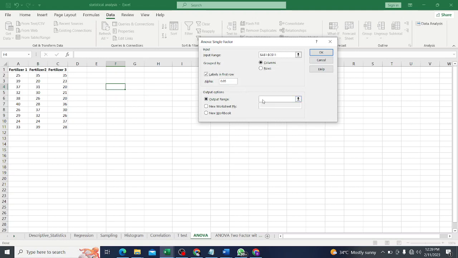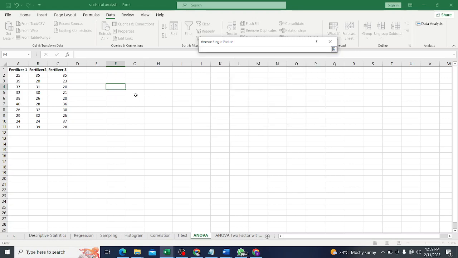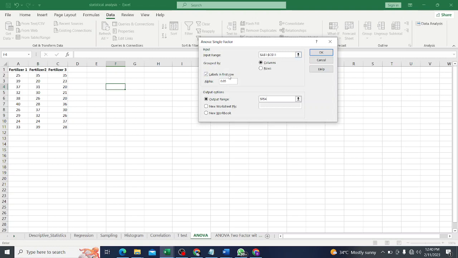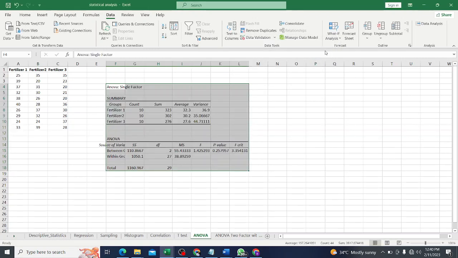I prefer to have it in this current worksheet, so I'll just select this cell, and everything is set now. I click OK.